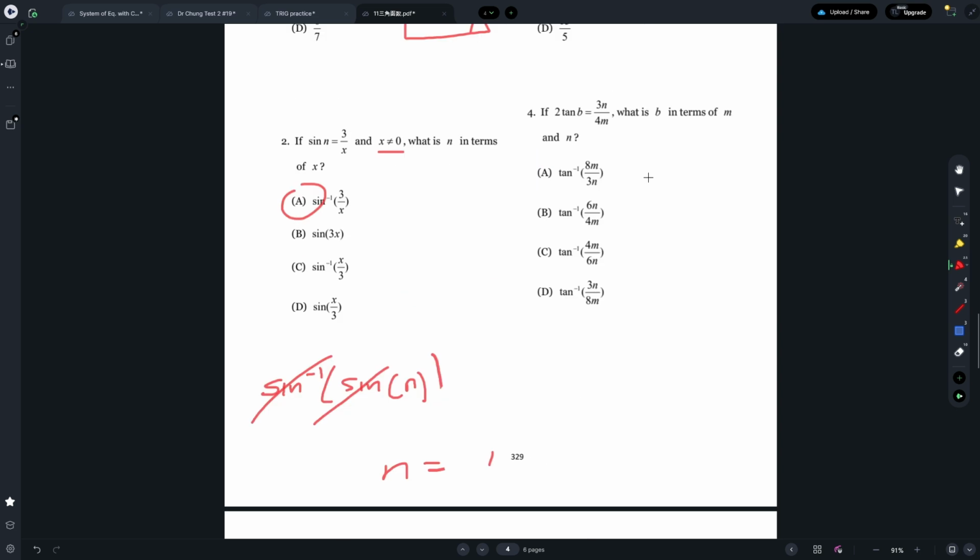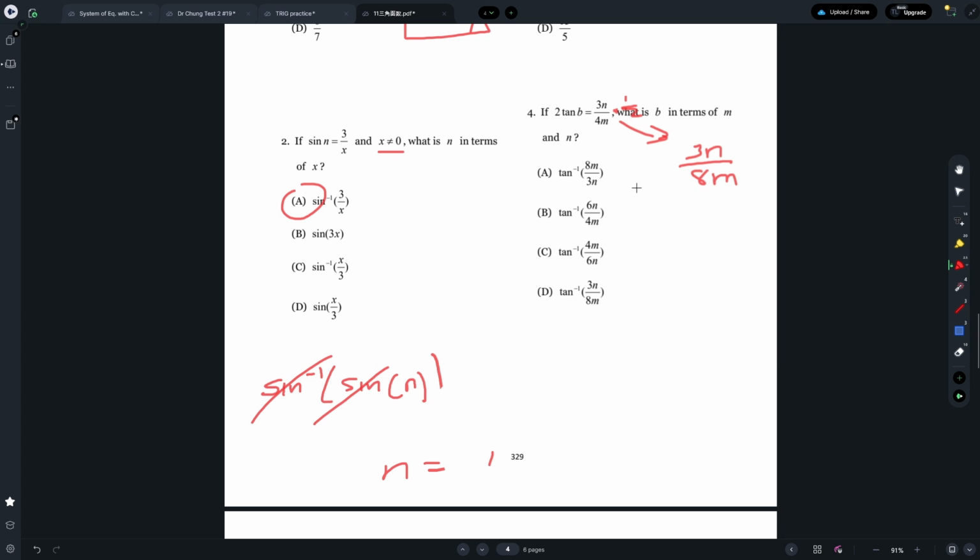If 2 tan b equals 3n over 4m, what is b in terms of m and n? That was a little confusing, but first we could get rid of the coefficient in front of the tan b. So we divide by 2, multiplying by 1/2 on both sides, and it becomes 3n over 8m, since you multiply 2 to the bottom.